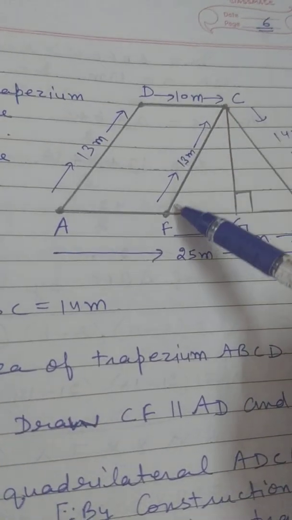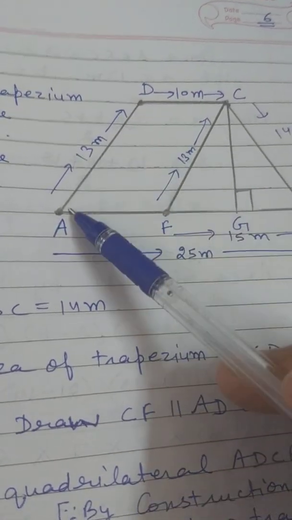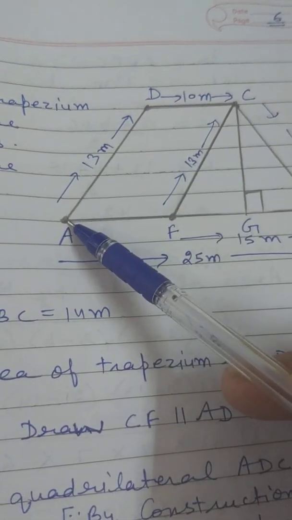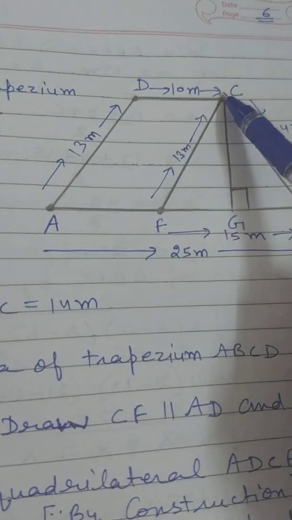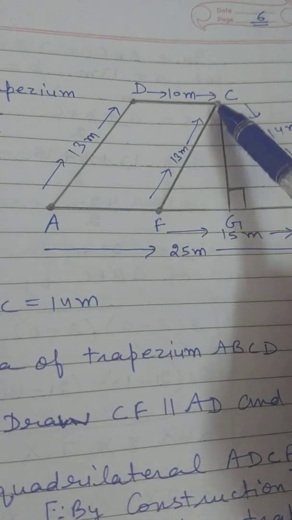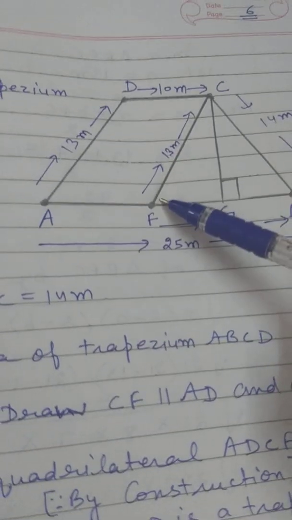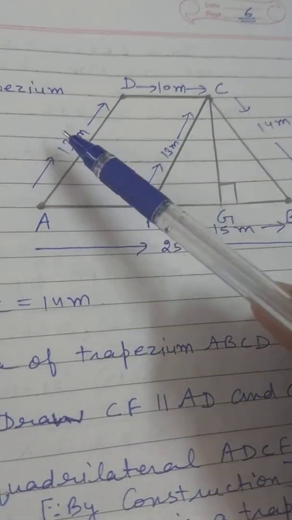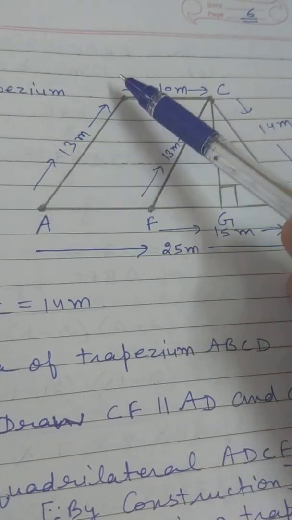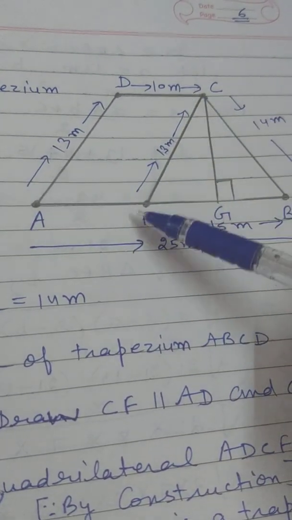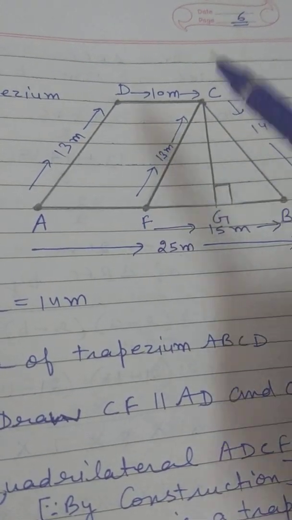Draw CF parallel to AD. Because AD equal to 13 meter, therefore CF equal to 13 meter.